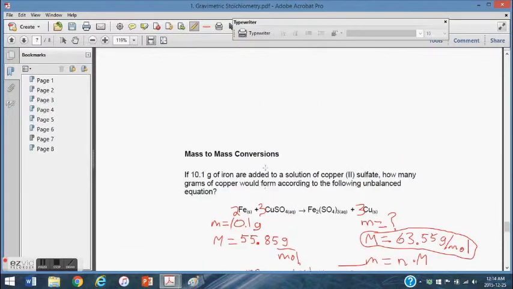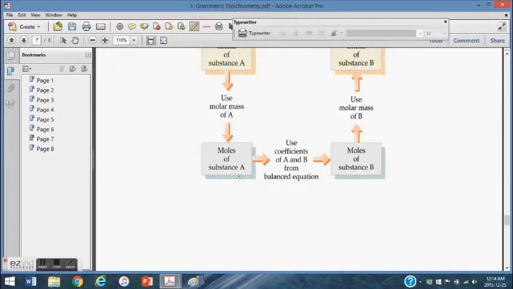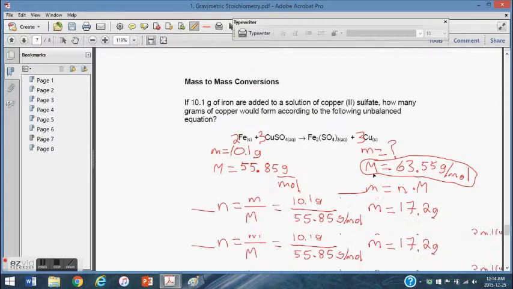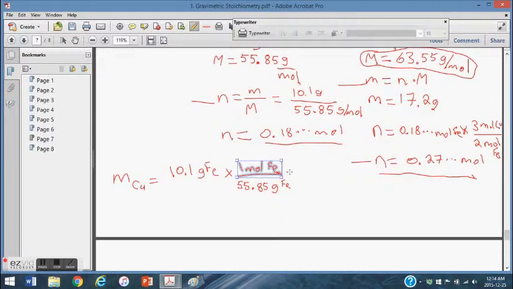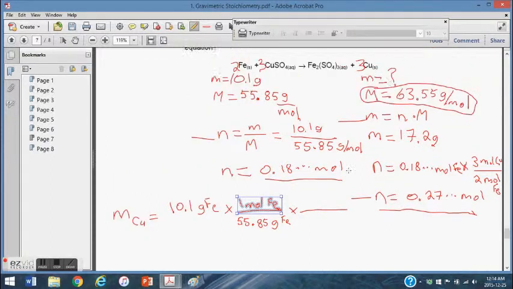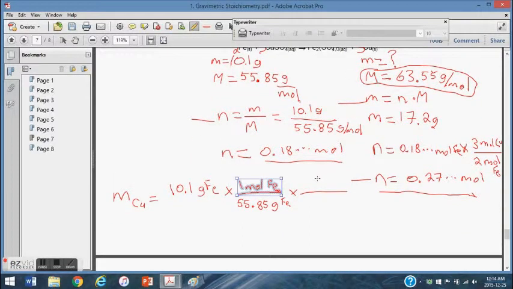Okay, what do I need next? I need to go from moles of substance A, which in this case is iron, to moles of substance B, that's copper. So multiplied by, I want to have copper. So I've got 3 moles of copper for every 2 moles of iron.